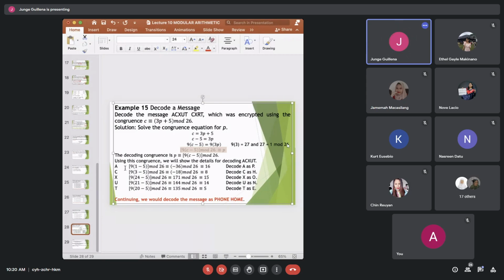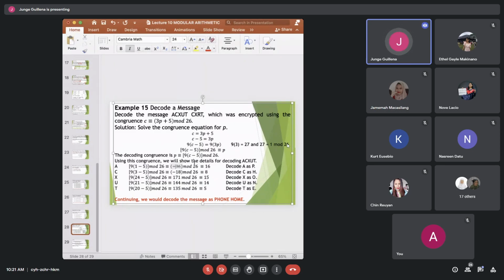So in this case, using this congruence, we will show the details for decoding ACXUT CXRT. That would be your part. So for A, 9 is given, 9 times, what is the ciphertext equivalent of A? That is 1. 1 minus 5 is negative 4. Negative 4 times 9 is negative 36.